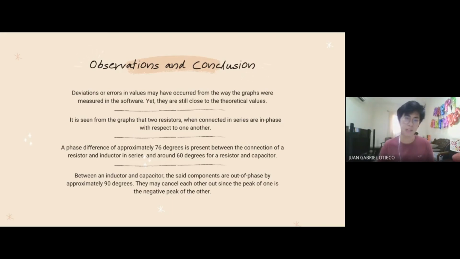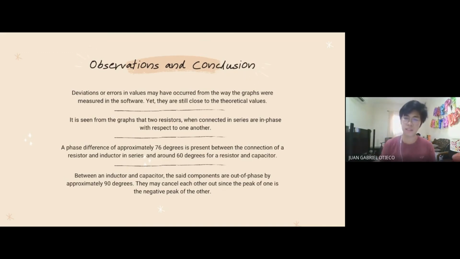On the other hand, we observed that the deviations or errors in values may have occurred from the way the graphs were measured in the software, due to human error in tracing the graph. Yet they are still close to the theoretical values and may still be acknowledged, since most of the components are readily available for use and there will still be a difference in some circumstances.